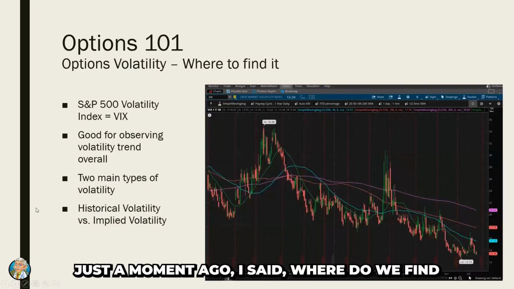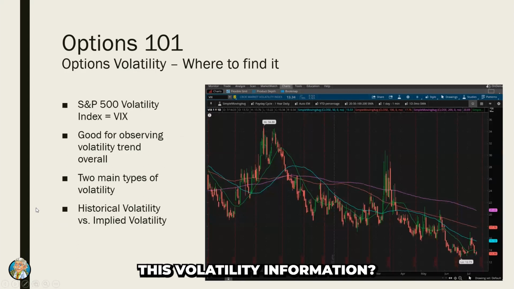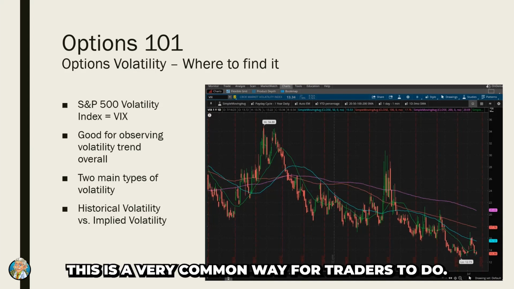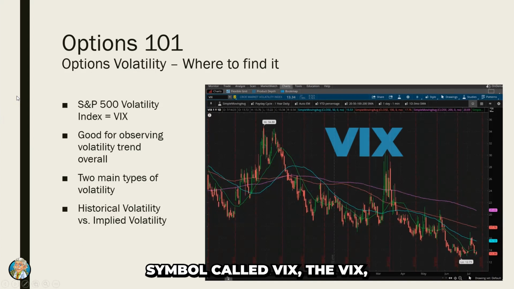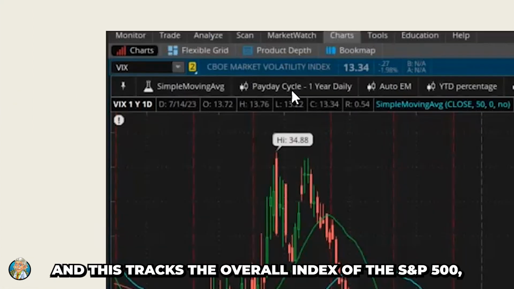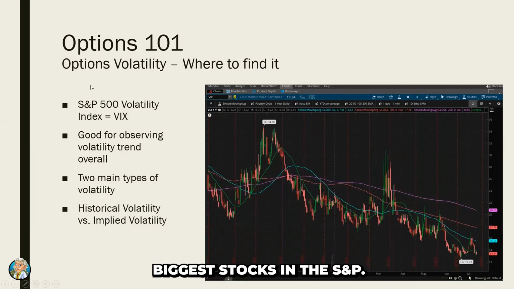All right, just a moment ago, I said, where do we find this volatility information? So one of the places we can look just to kind of gauge the overall market volatility, this is a very common way for traders to do this, is a ticker symbol called VIX, the Market Volatility Index. And this tracks the overall index of the S&P 500, the 500 biggest stocks in the S&P.